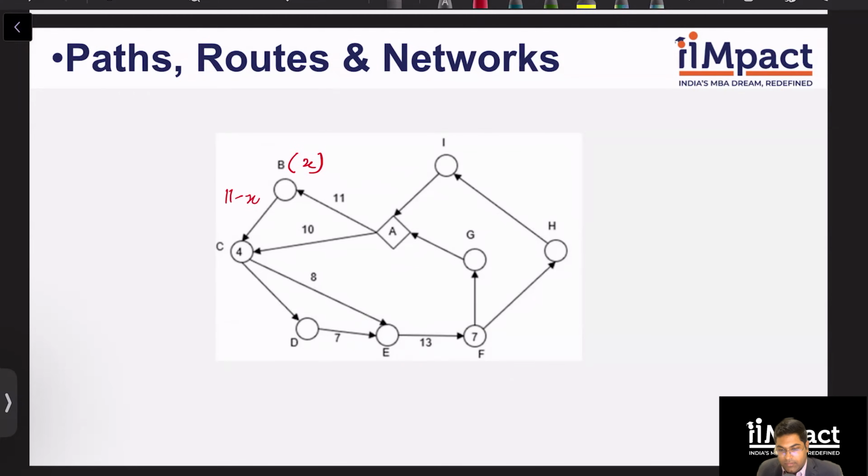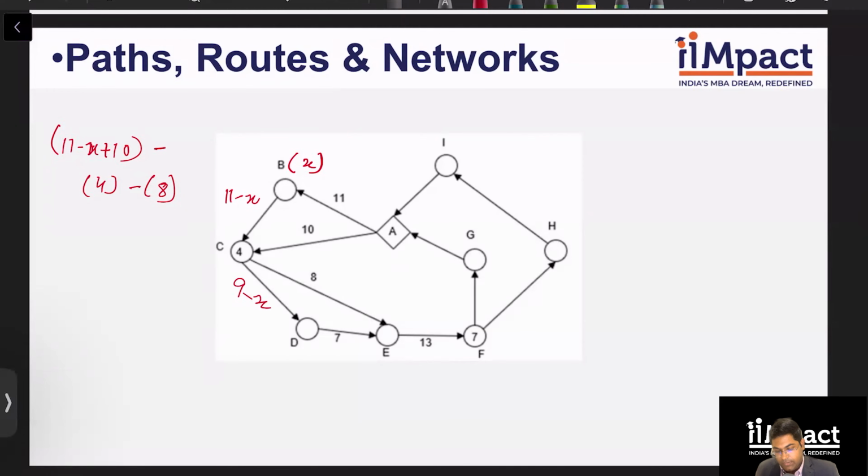So what will be the outflow on the line CD? It will be nothing but 11 minus X plus 10 minus 4, which is the packages at C, minus 8, which is the number of packages carried on the CE route. So this is 21 minus 12, which is nothing but 9 minus X.